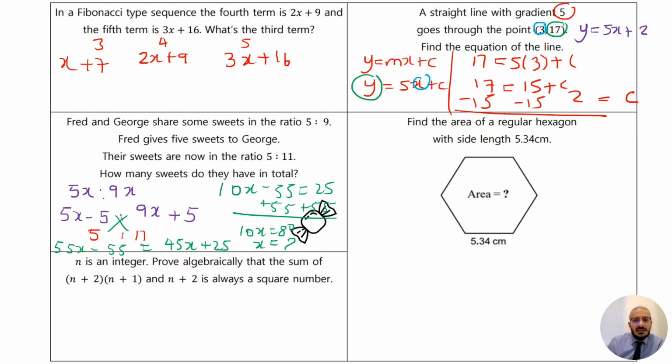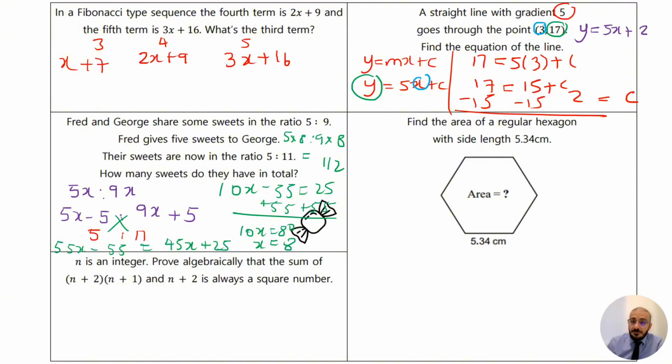So x in this case is 8. So 5 times 8 to 9 times 8 would give us the number of sweets we have. So that's going to be 112. There we go.